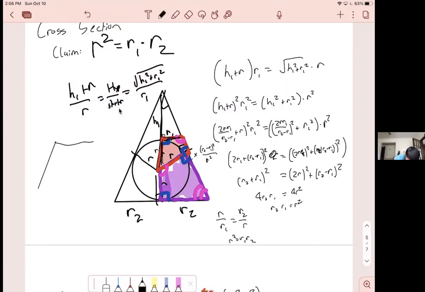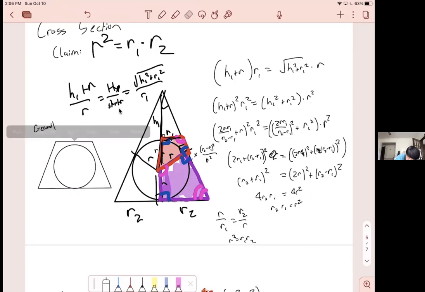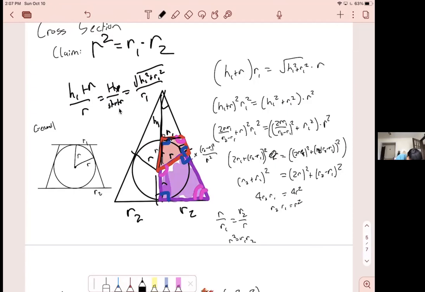In general, if you have a trapezoid and you have a circle inscribed in that trapezoid, then you'll have that R squared equals R1 times R2.